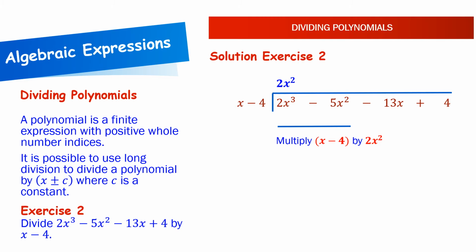Now multiply x minus 4 by 2x squared, to give 2x cubed minus 8x squared, as shown.